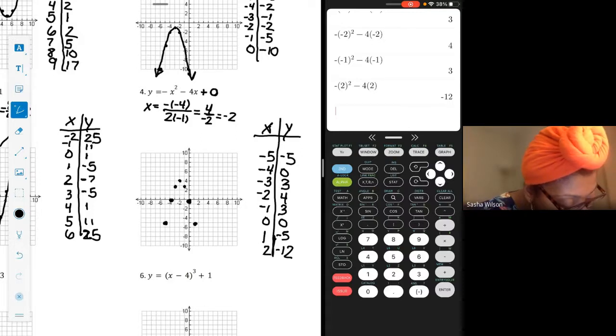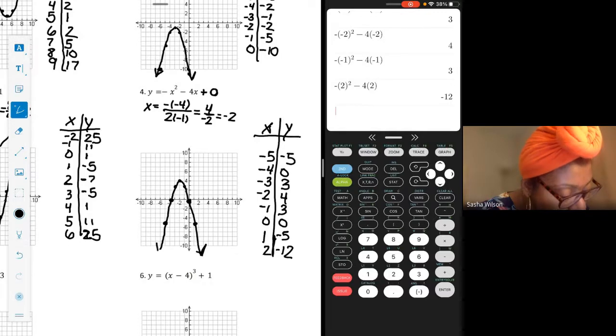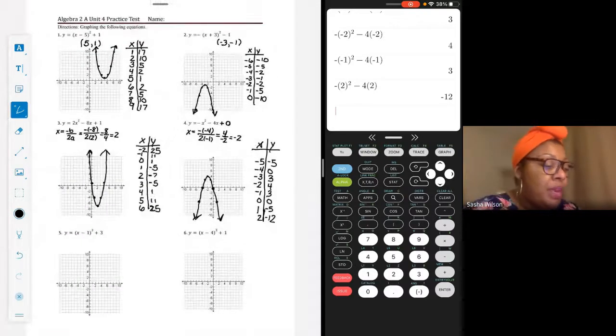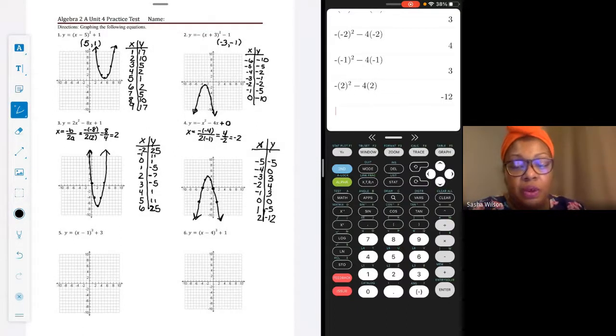So because A is negative, it's open down as we predicted. We have our wonderful parabola with arrows included. It's all about making a table when it comes to this review. I just want to make sure we specify it's all about making a table of values.